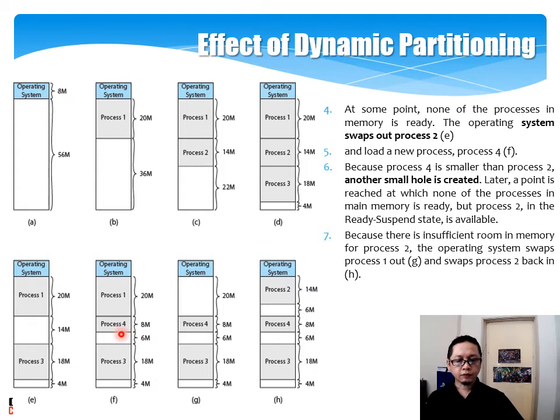Okay, so after a while, let's say process 1 finishes. Previously it was using a 20 megabyte block. Now you have a 20 megabyte block that can be used by another process. So now we have a 20 megabyte block of available space, and then we also have the balance of 6 megabytes from the previous one, and then we have 4 megabytes here.